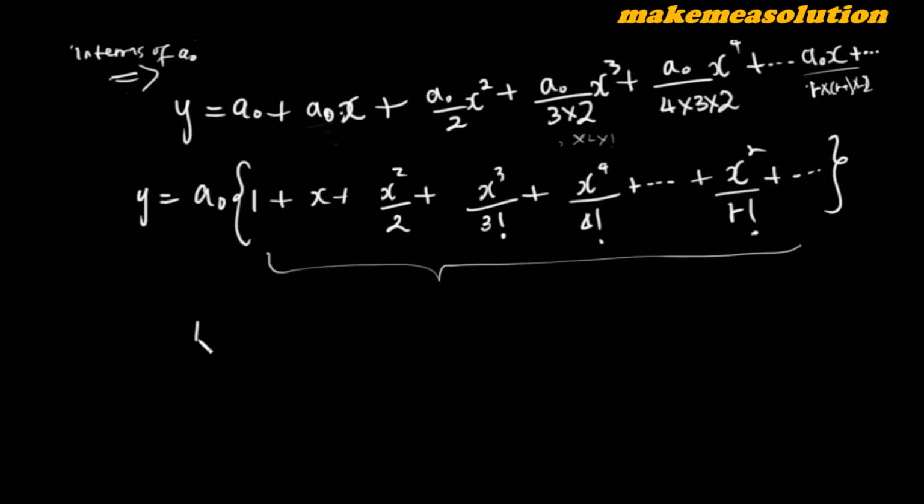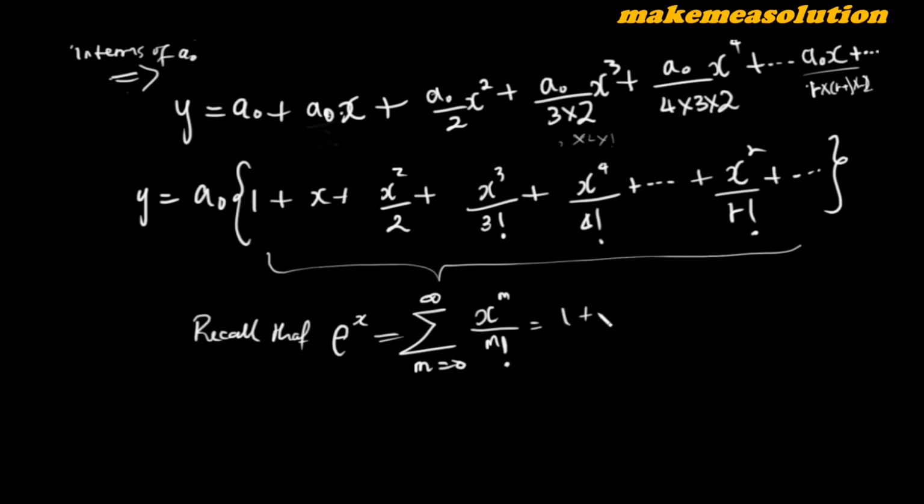We can recall that exponential x is defined by the power series, sum from m equal to 0 to infinity of x to the power of m divided by m factorial, which is 1 plus x plus x squared over 2 factorial, 2 is still 2 factorial, plus x cubed over 3 factorial plus dot dot dot. So this whole stuff translates to exponential x.